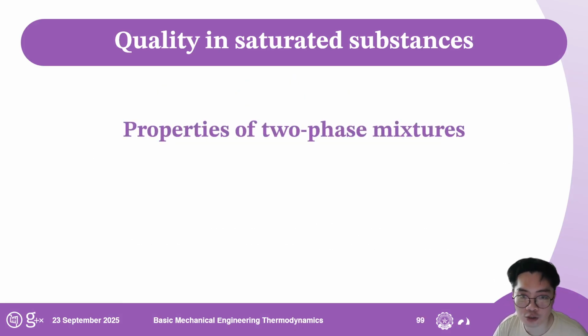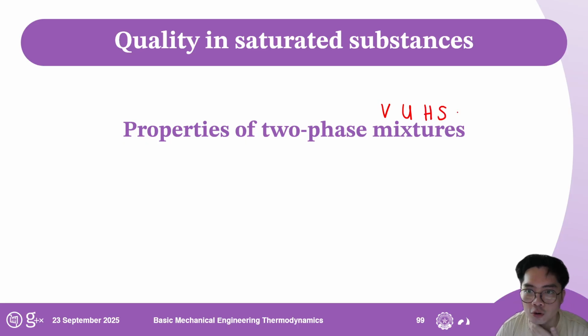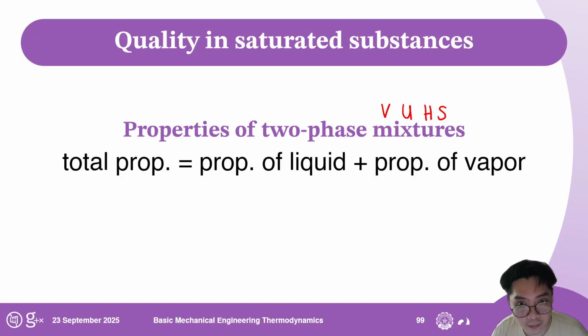Properties of two-phase mixtures, I am referring here to four: V, U, H, and S. So that's volume, internal energy, enthalpy, and entropy. The total property of your two-phase mixture is just the addition of the contribution of the liquid phase and the contribution of the vapor phase.